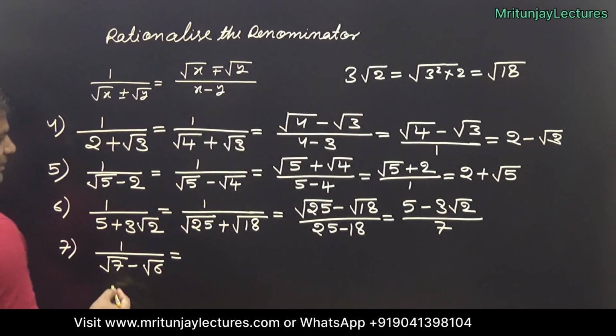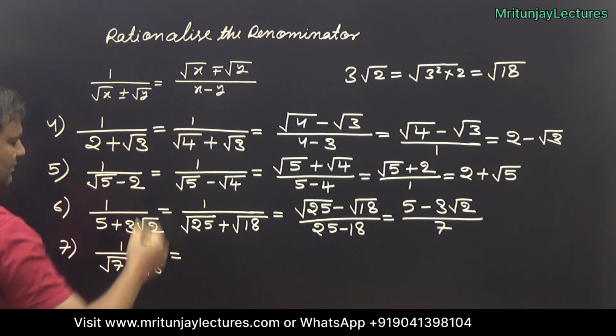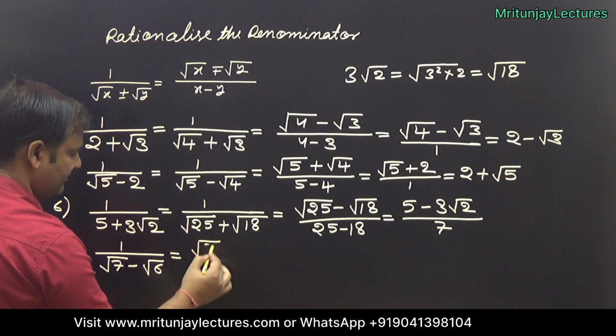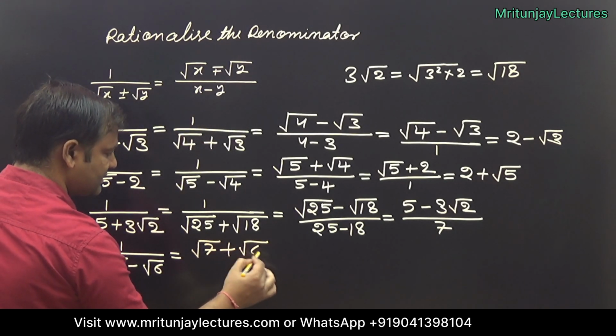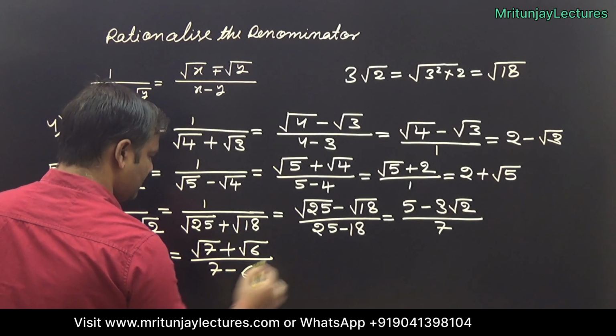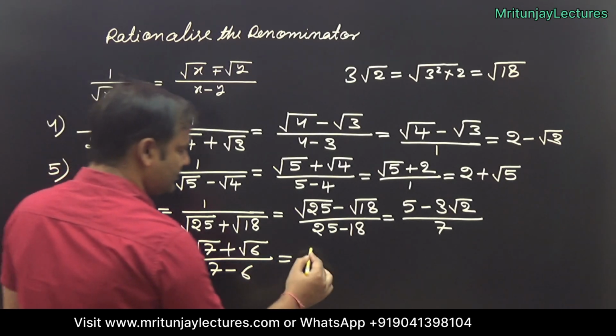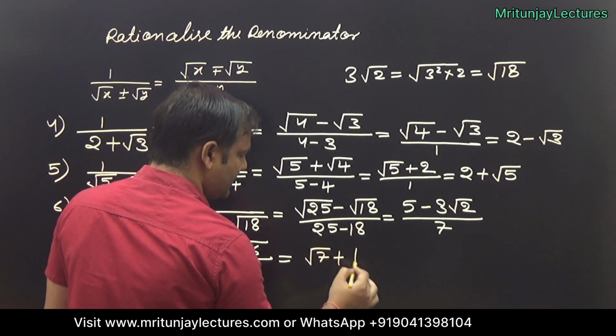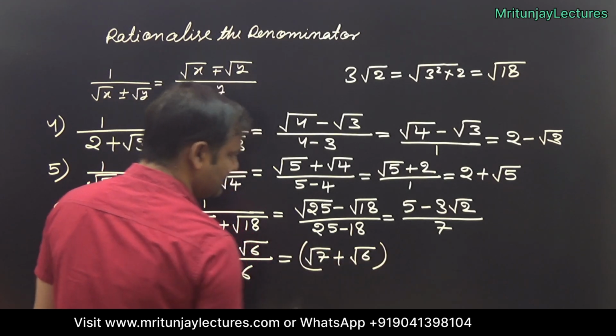Now if you apply this formula here, we write root 7 plus root 6 divided by 7 minus 6. So root 7 plus root 6 is the final answer.